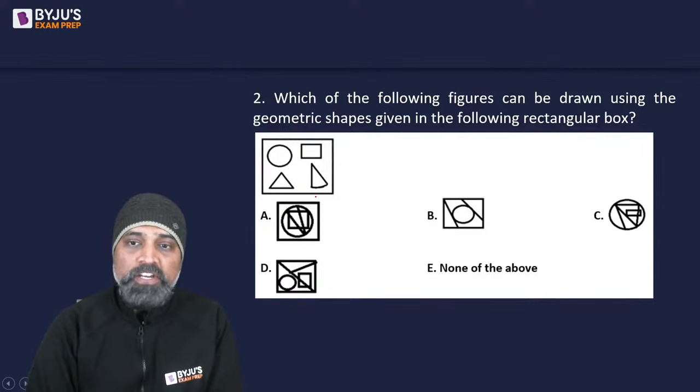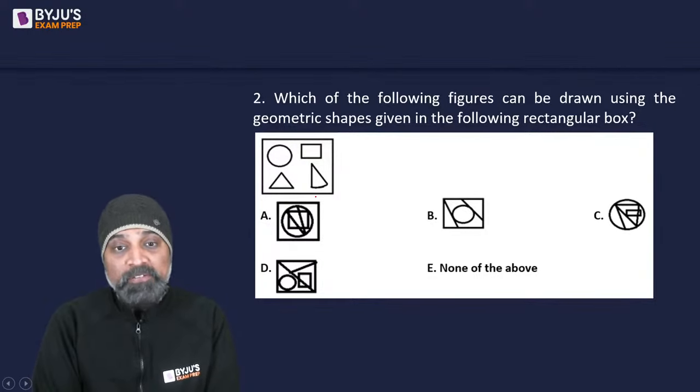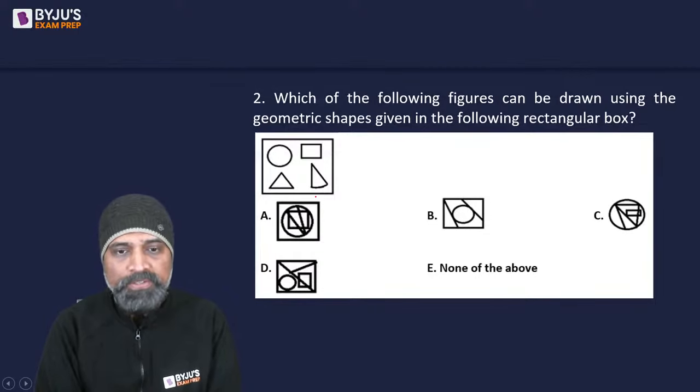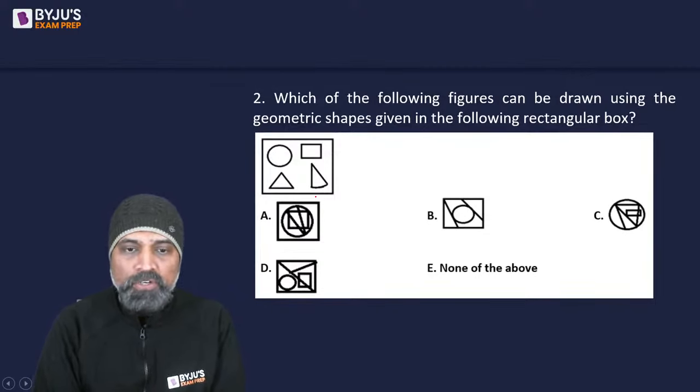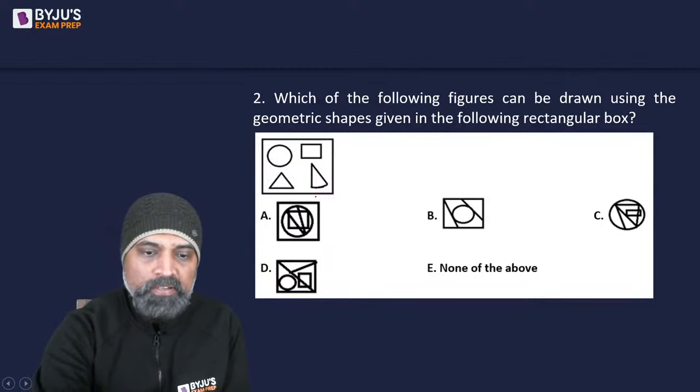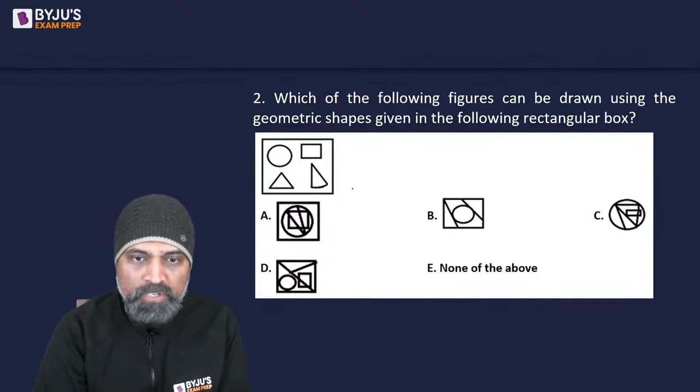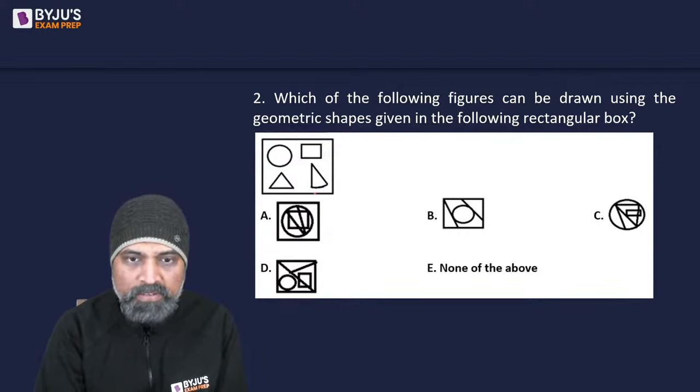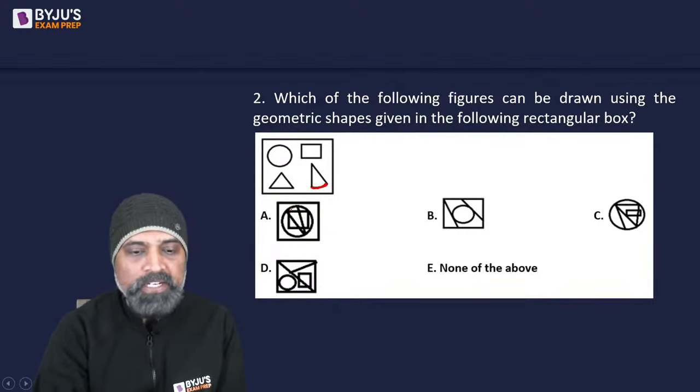Another one. Which of the following figures can be drawn using the geometric shapes given in the following rectangular box? So we have a square, we have a circle, inside that we have a rectangle or a square shape, we have a triangle, and then we have something which looks like a cone, right? And this cone is curved, so please pay attention to that part being curved.